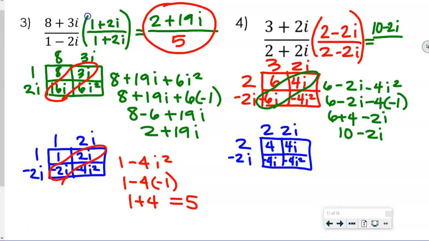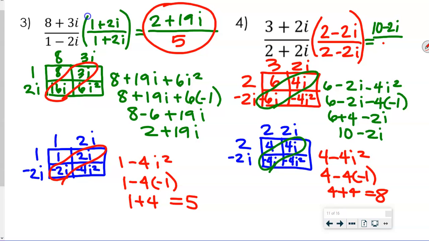Once again, you should be noticing that right here, these guys are canceling each other out. So what are we left with, guys? 4 minus 4i squared, right? Change that I squared to a what? Negative 1, right? So that's going to be 4 plus 4, which is what? 8. So 8 is our denominator.